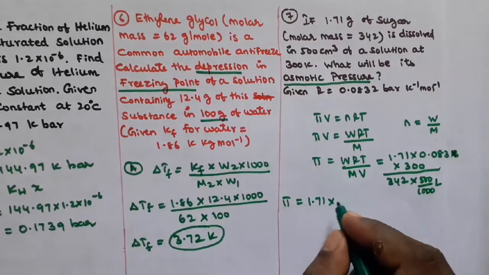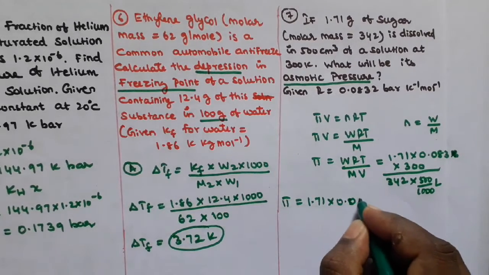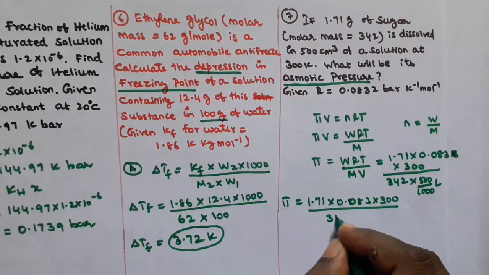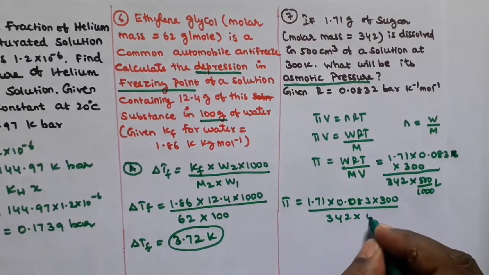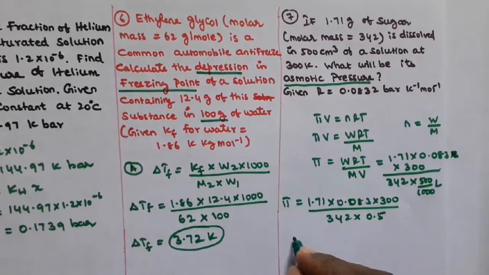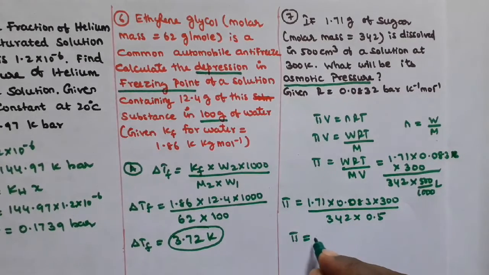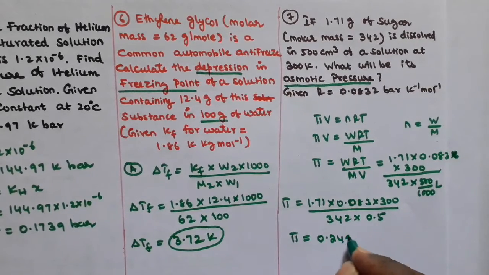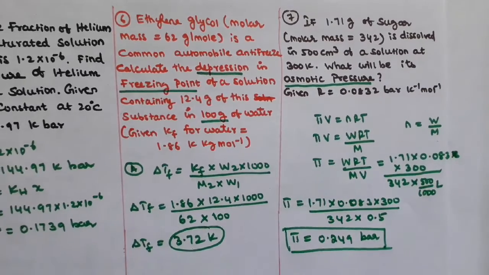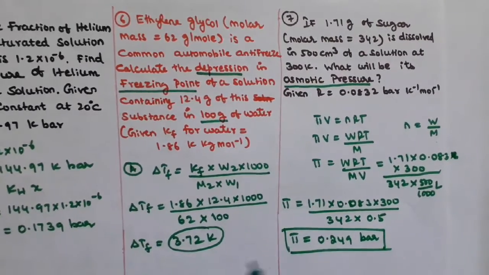So 1.71 into 0.083 into 300 divided by 342 into 0.5 liters. You will get the osmotic pressure pi as 0.249 bar on calculation. Students, these problems are very important for your board exams.